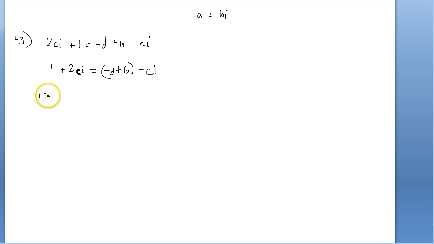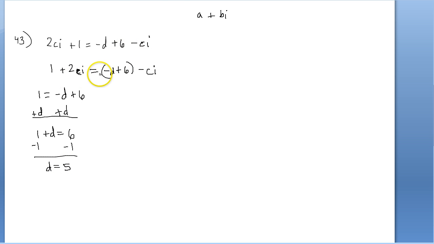So 1 equals negative d plus 6. And we would just solve that, and add d to both sides. So we get 1 plus d equals 6, and then subtract 1 from both sides, and we get d equals 5.